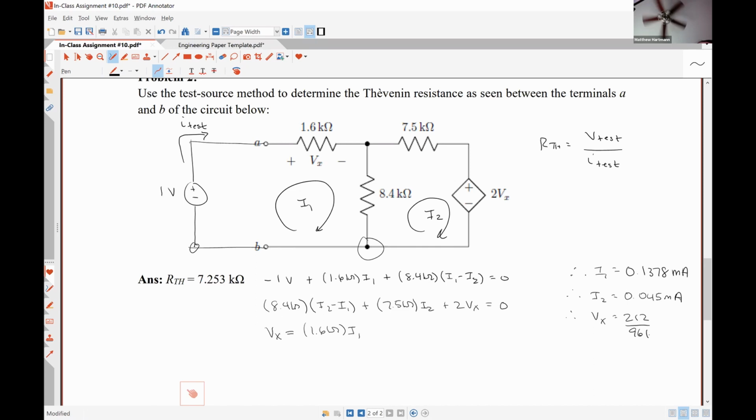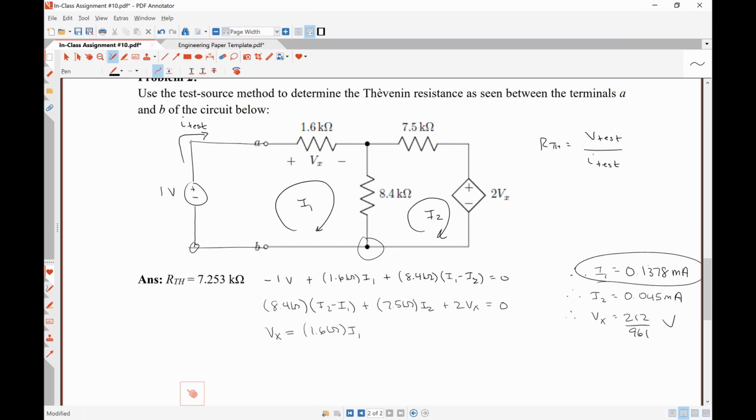All right, well, Vx isn't really important to us. So if we know what I1 is, I test is exactly equal to I1 based on our circuit diagram, correct? Correct.